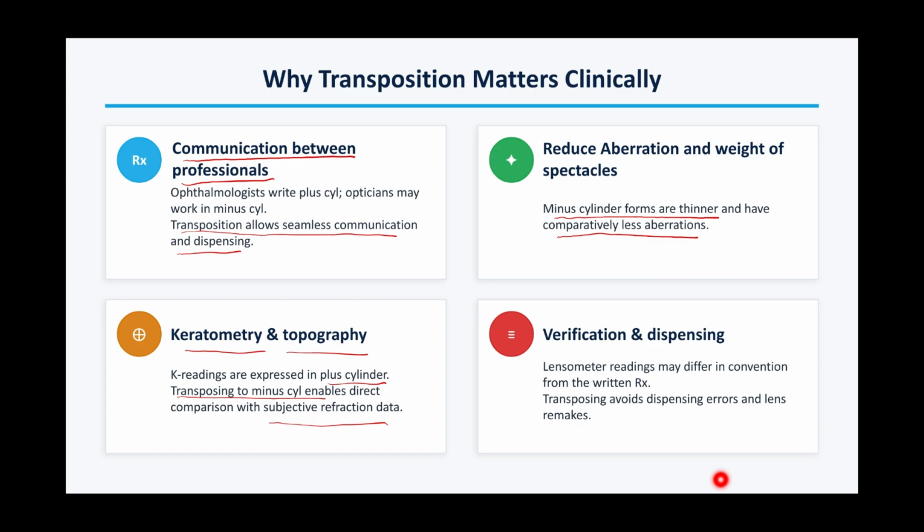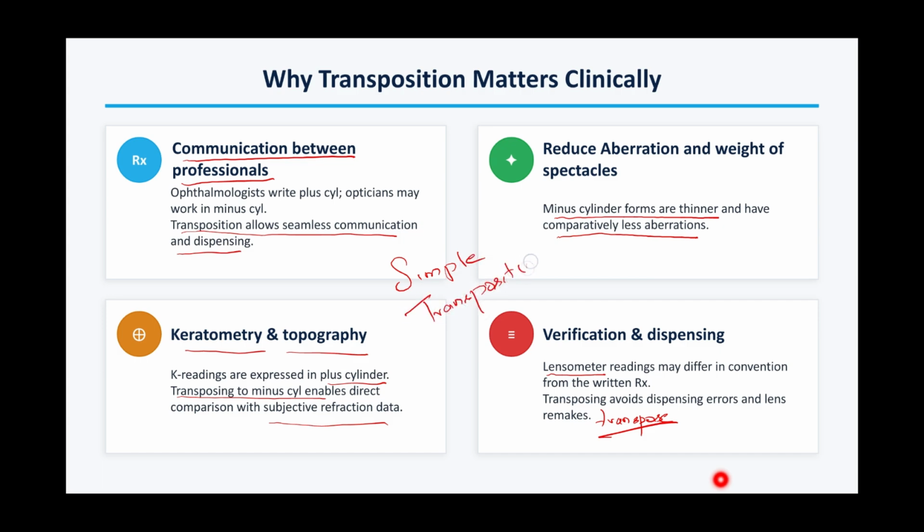You have one patient who comes carrying one prescription, and your lensometer is giving another prescription. When you transpose, you might find that both of us are dealing with the same prescription. So to deal with all these things, we have to know what is simple transposition.